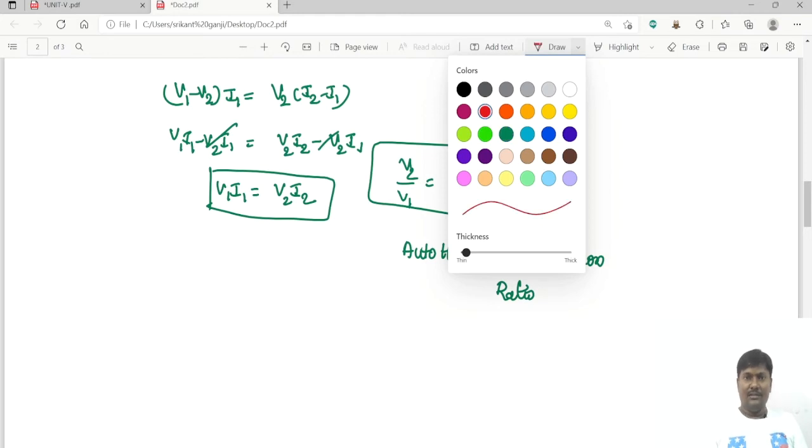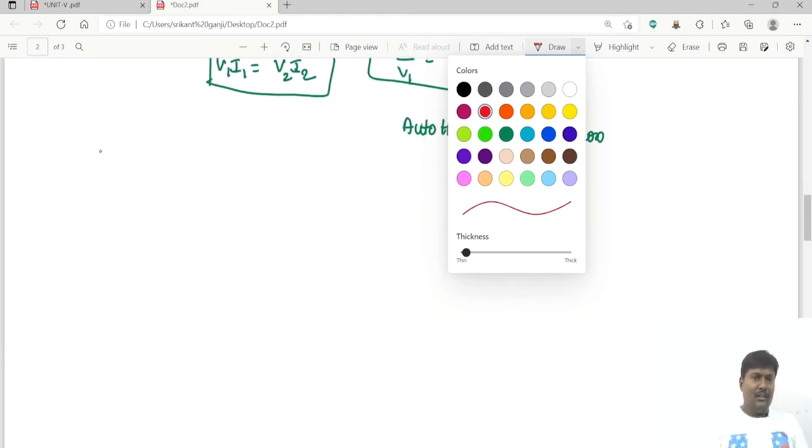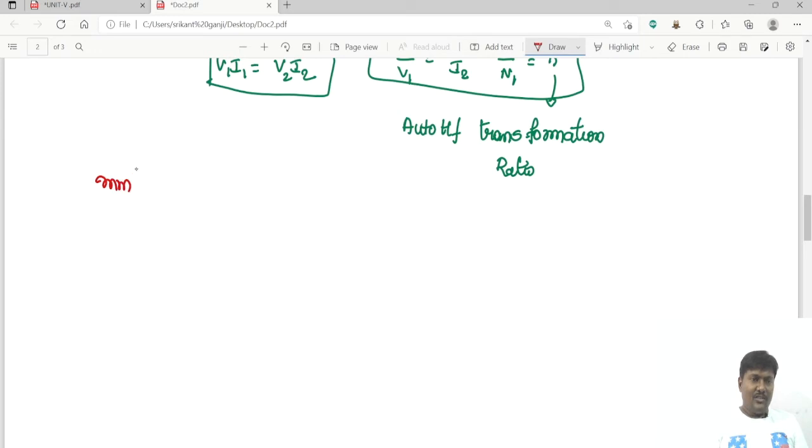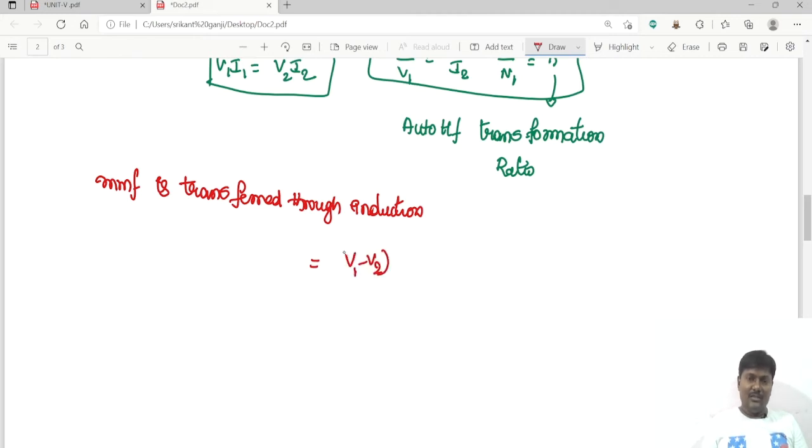So now the power transferred through induction is equal to V1 minus V2 into I1, so V1 I1 minus V2 I1.